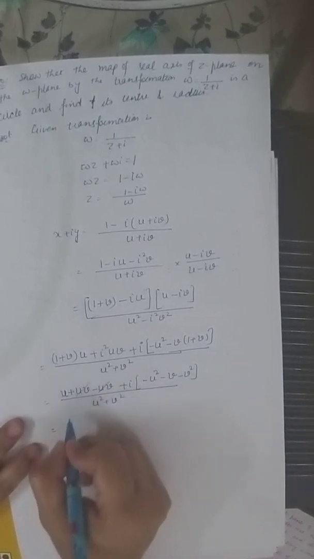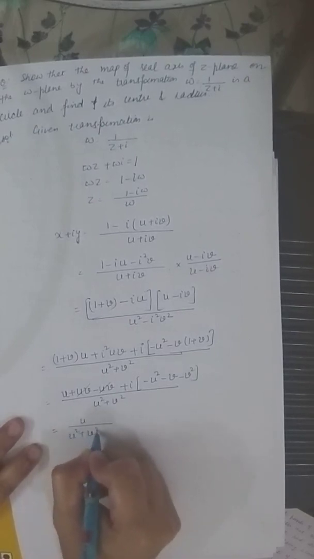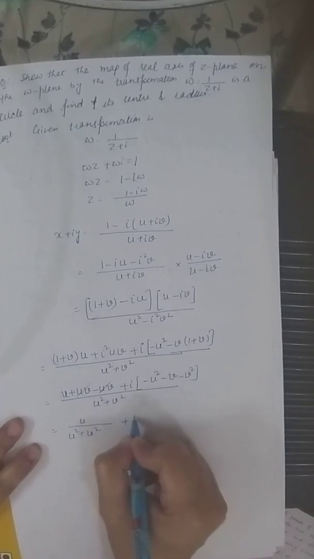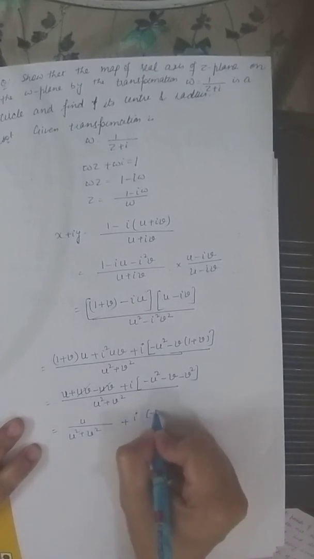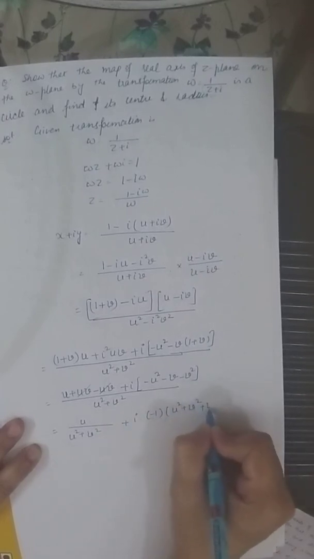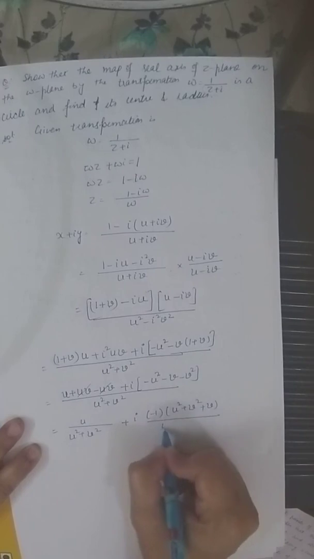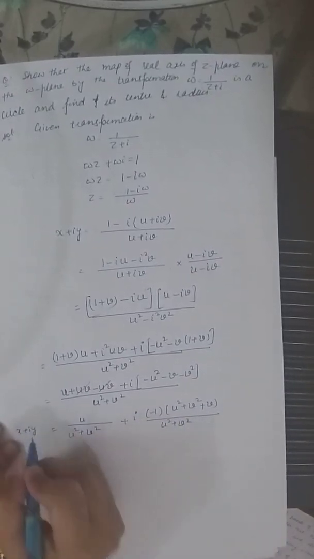Here uv is cancelled out: u over (u squared plus v squared) plus i times (minus 1 into (u squared plus v squared) plus v) divided by (u squared plus v squared). This is the value of x plus i y.